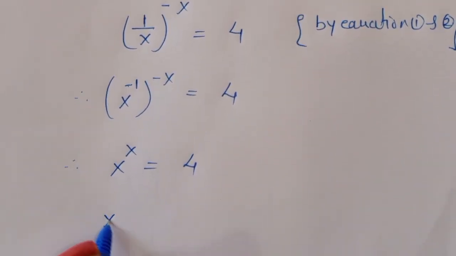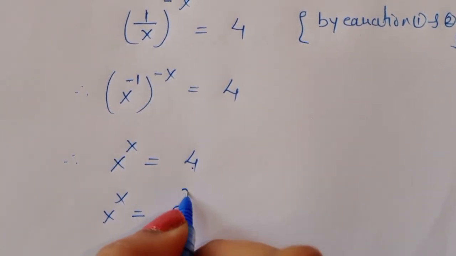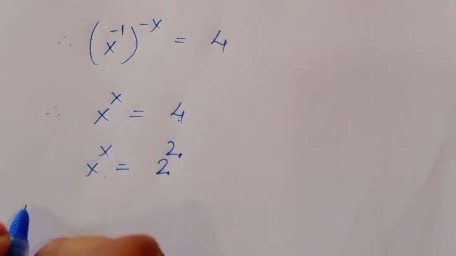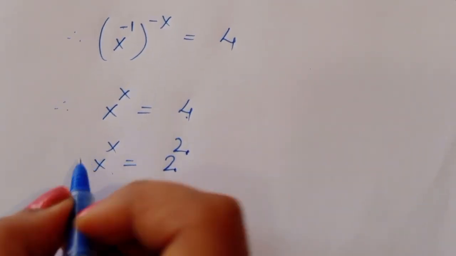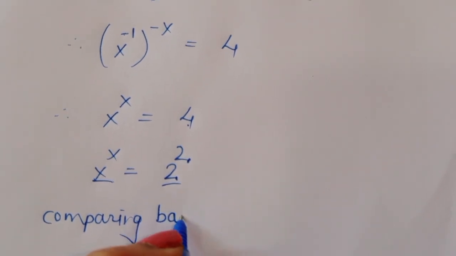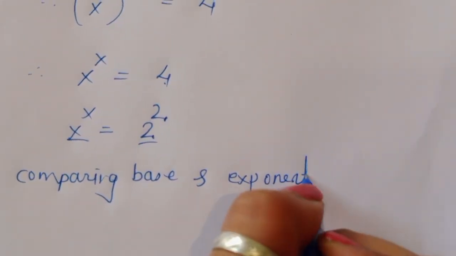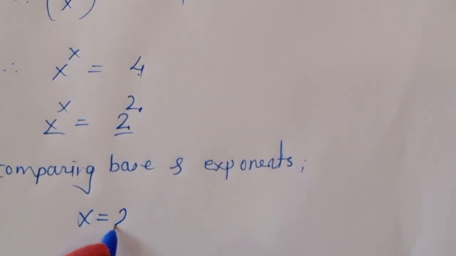Therefore x^x is equal to 4. Now x^x = 4, so we can write 2². Comparing base and exponents, we can conclude x = 2.